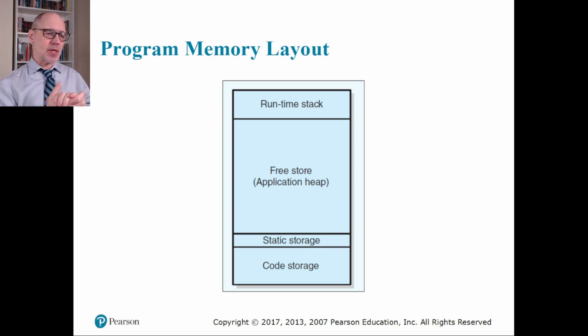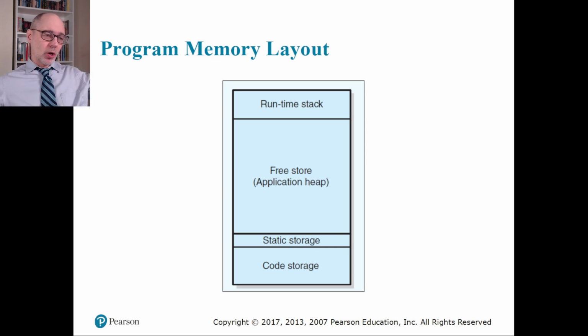On our systems nowadays, your program might get like 1 megabyte, 2 megabytes. It's not very much. That's where you're going to put all of the information about individual function calls. You call a function, and all the arguments coming into the function get stored there, the local variables, the address where you need to return to later on. All that gets saved up there in the runtime stack.